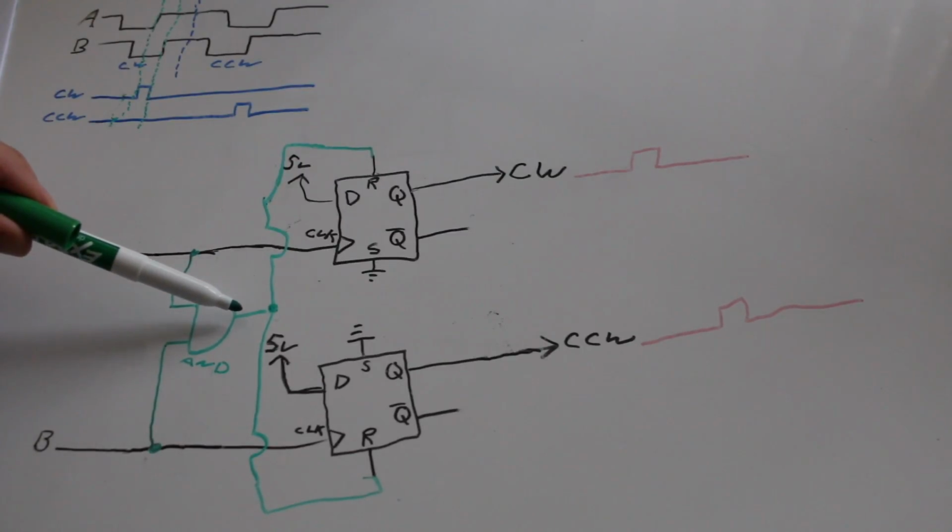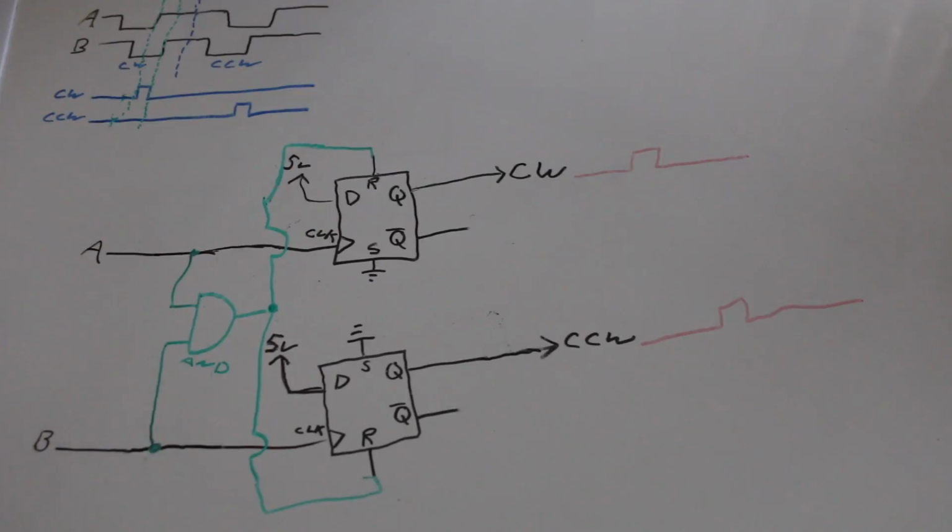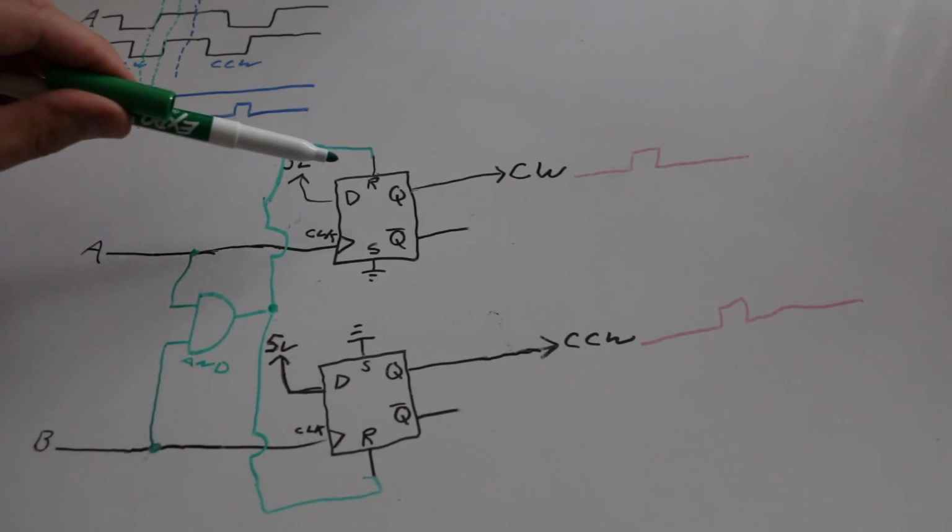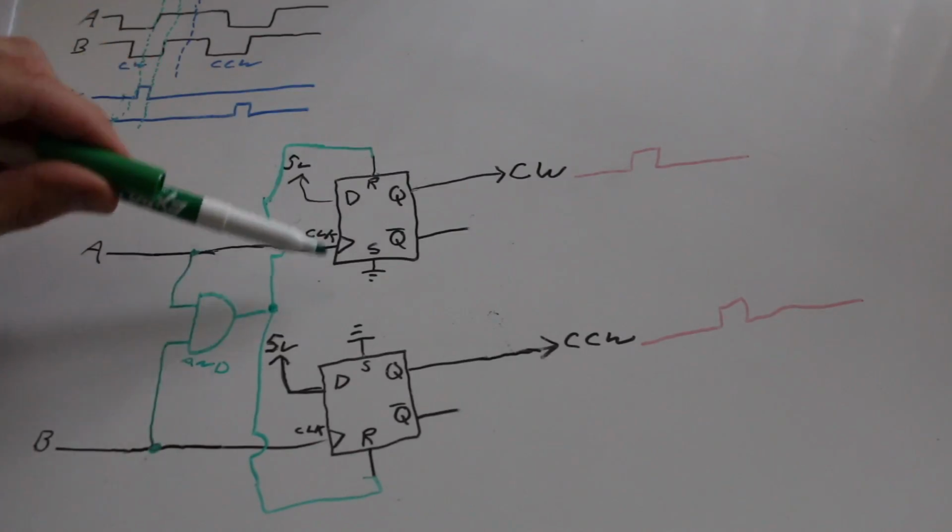This is high. Both resets are high. When either of these fall, or both are low in the middle, this AND gate has a low and a high, or a high and a low, or a low and a low. The output will be low, so the resets are not activated and the chips are running.